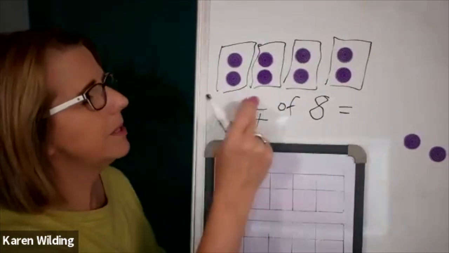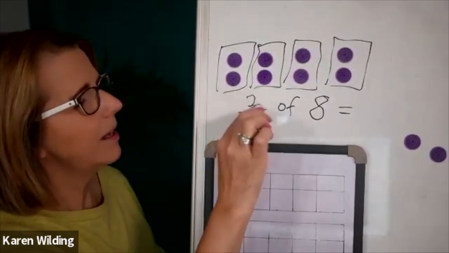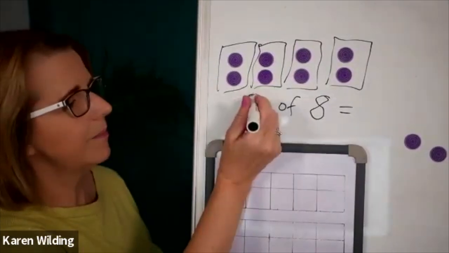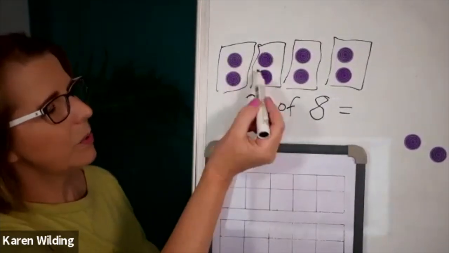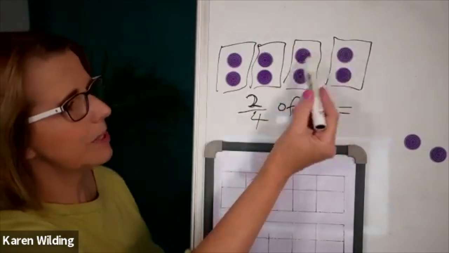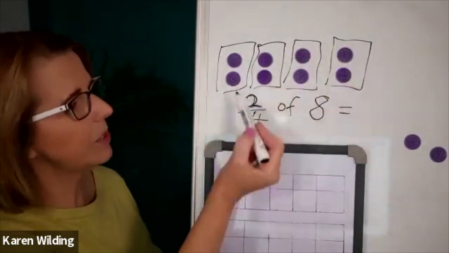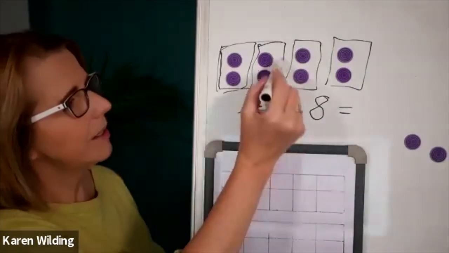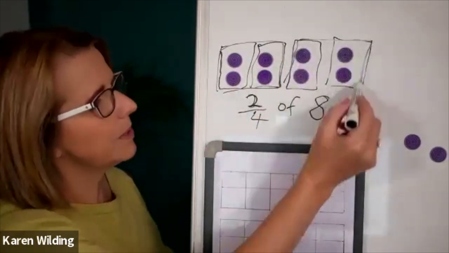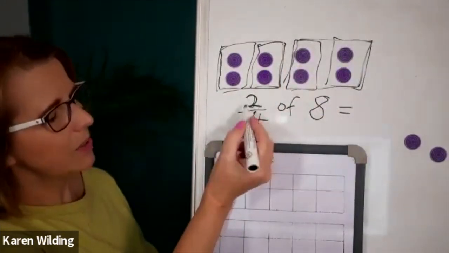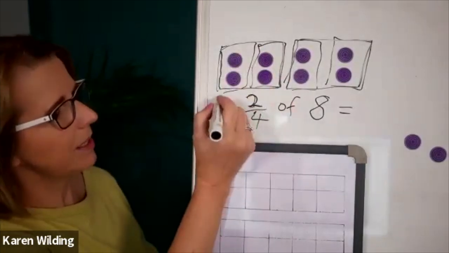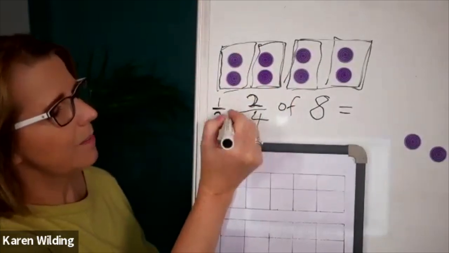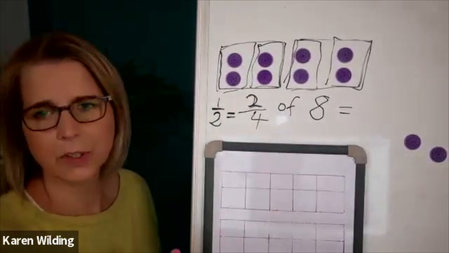What about if I only look for 2/4? You can see that 2 of the quarters is equal to 4. There's another 2/4 equal to 4. It doesn't matter which 2/4. But you can also see here that those 2/4 that are equal to 4 and those 2/4 that are equal to 4, they're also showing us that 2/4 is also equal to 1/2.